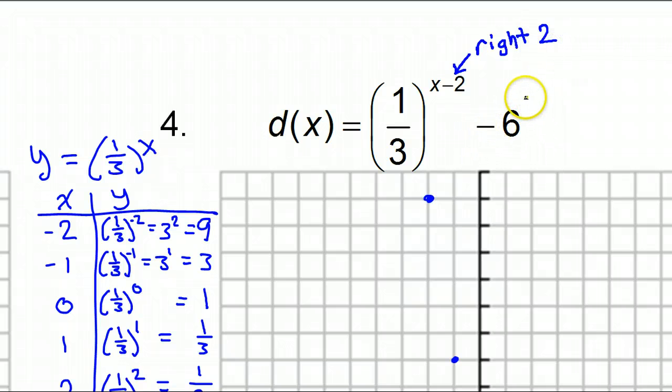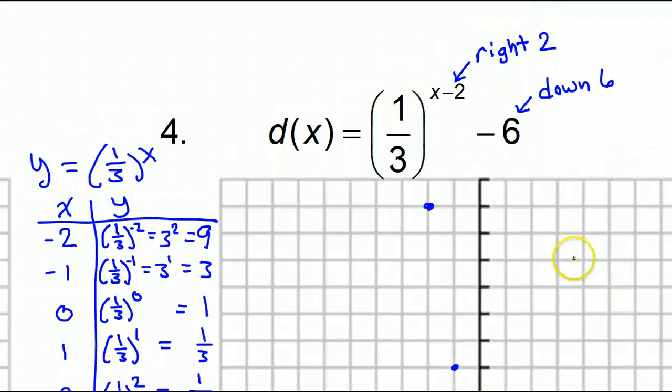Now, a number on the very end like this is up-down motion, and it works normal, like you would normally think. So minus 6 is in fact down 6. Okay, so this is left-right, this is up-down, this is opposite of normal, and this is normal.